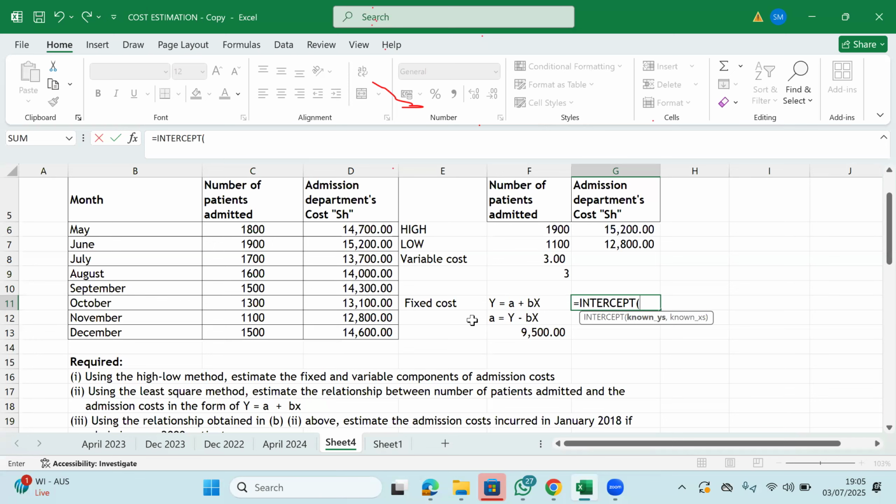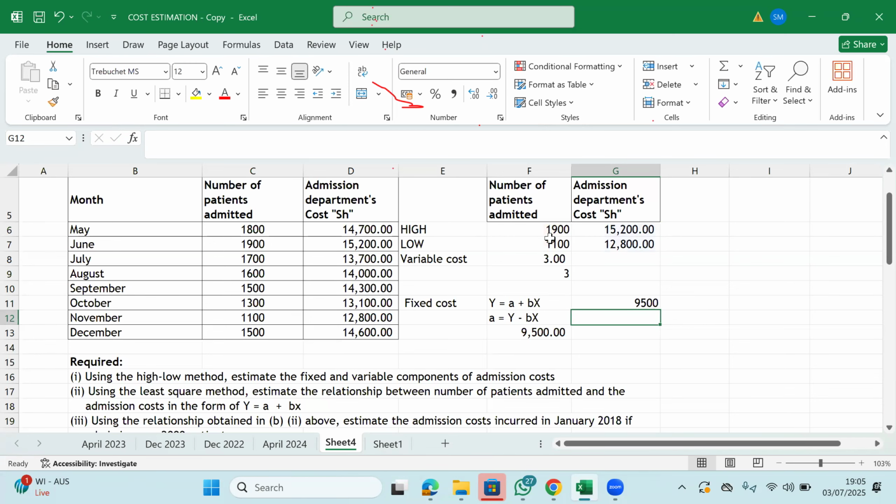So for our intercept, our known y's are these two, comma, our known x's, the other two. And of course, you need to define what your y's and x's are. Otherwise, if you do vice versa, then you may not have the right results.